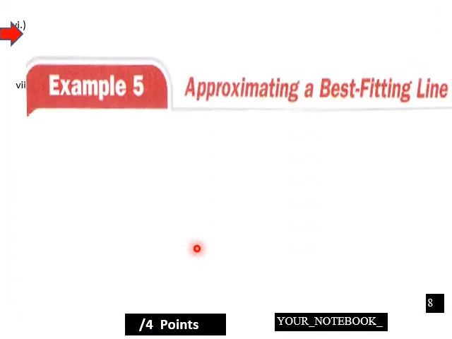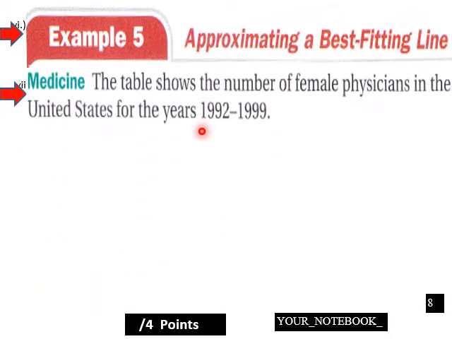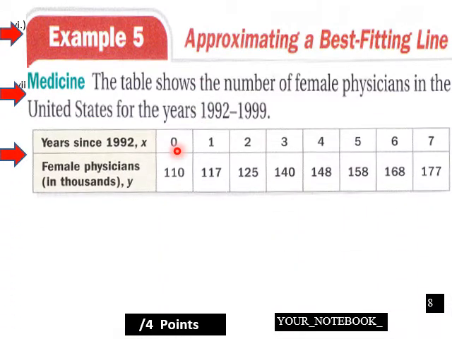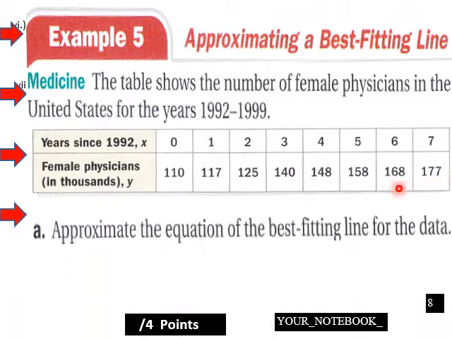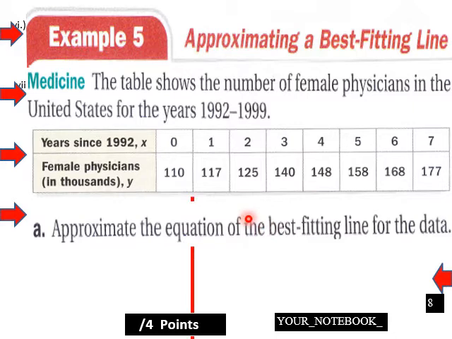In this example 5, the table shows the number of female physicians in the U.S. for 1992 through 1999. These are the years since 1992, and these are the numbers of female physicians. Approximate the equation of the best fitting line for the data.